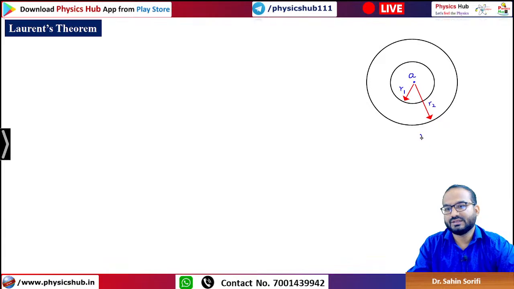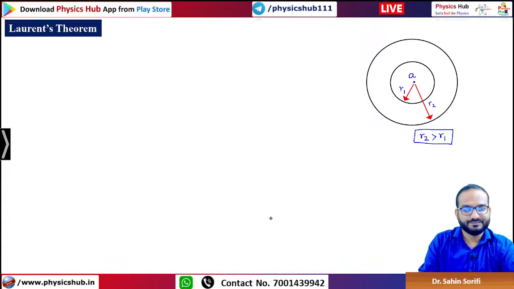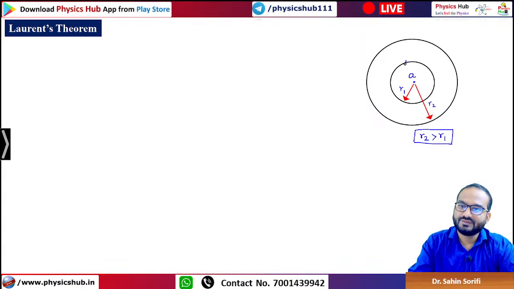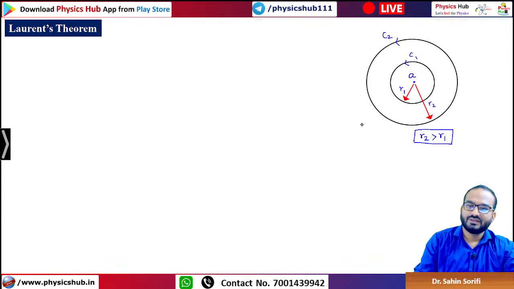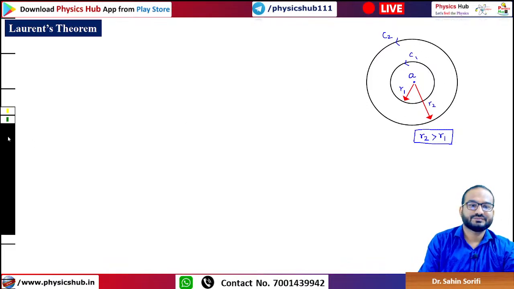Obviously r2 is greater than r1. Let's name the inner circle C1, the outer circle C2. The function f of z is analytic within this annular region.